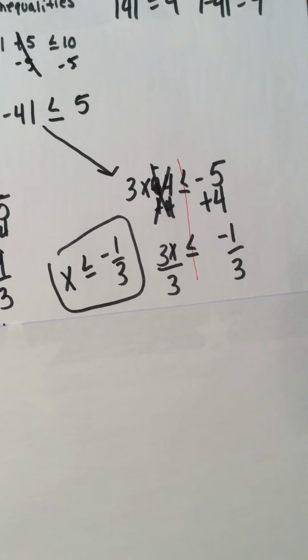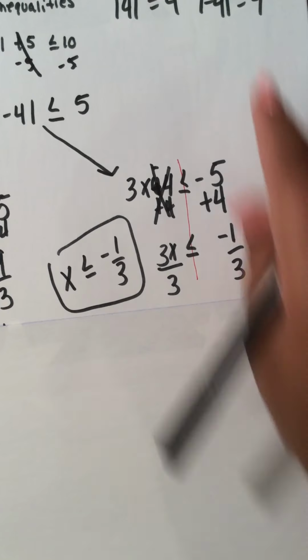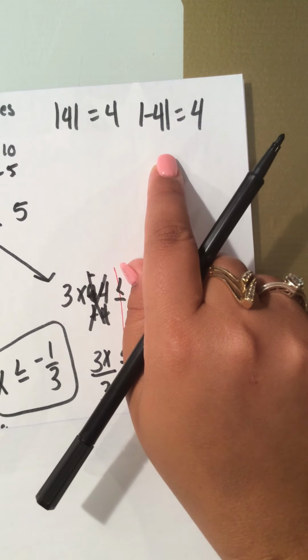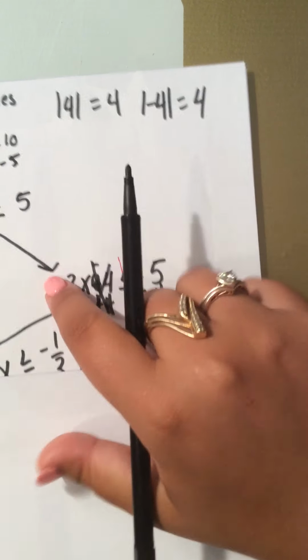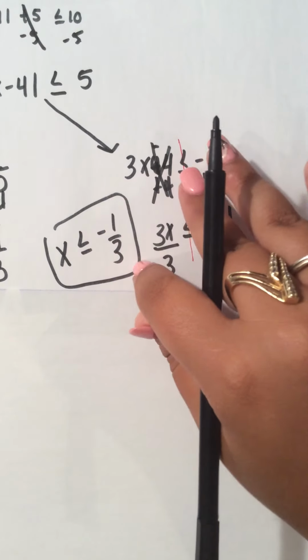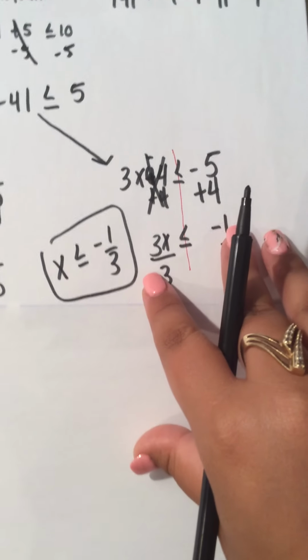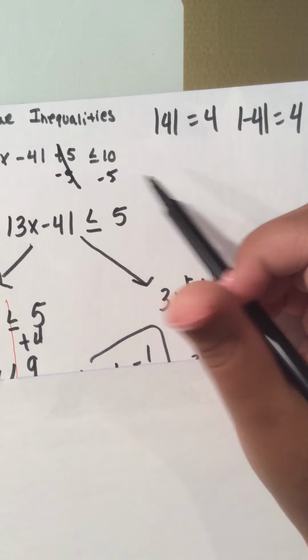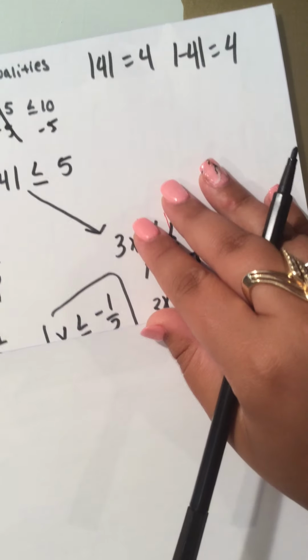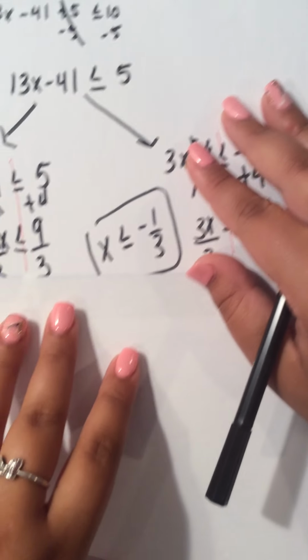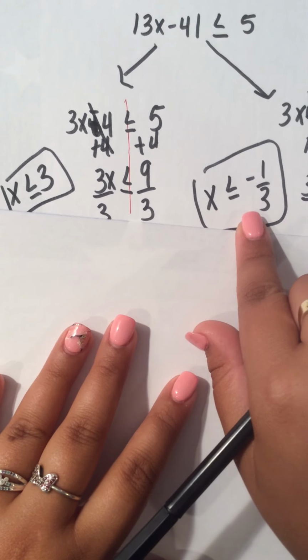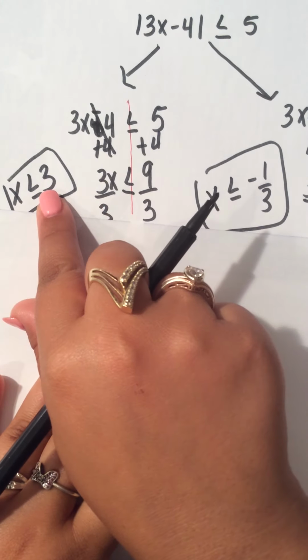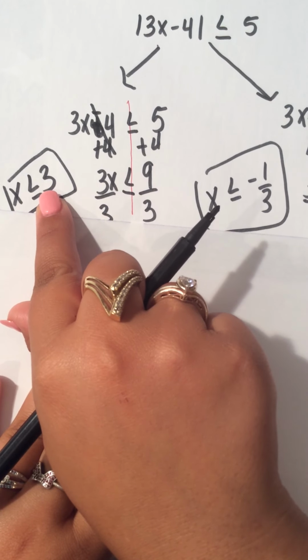Okay? We do expect you to get it. The only time that it's going to change is if I say, what's the absolute value of negative 4? Well, it's 4 because it's 4 units away. What's the absolute value of negative 1/3? It's 1/3. Now, if we look at this, because this original problem is less than, I'm going to have an and statement. So what that means is I'm going to look at these two numbers, negative 1/3 and 3, and say which one is smaller.